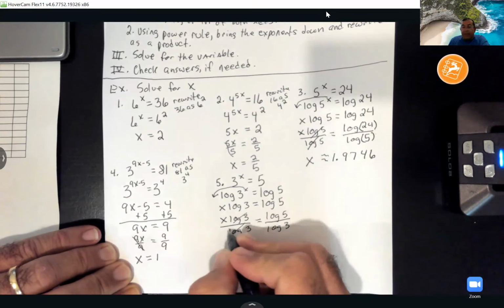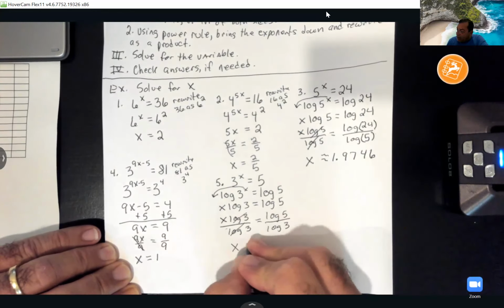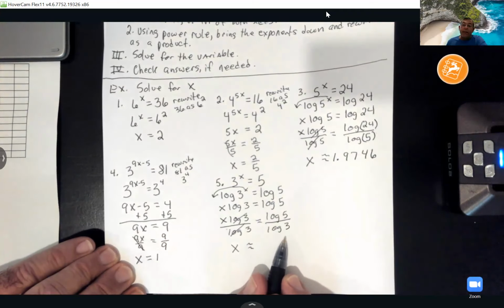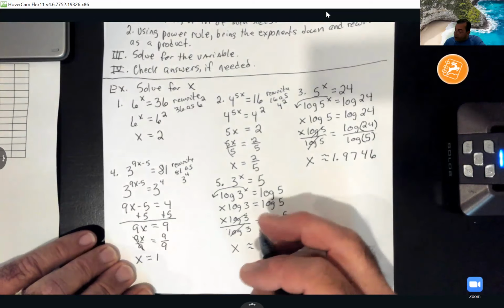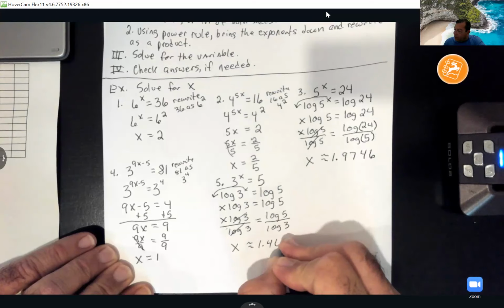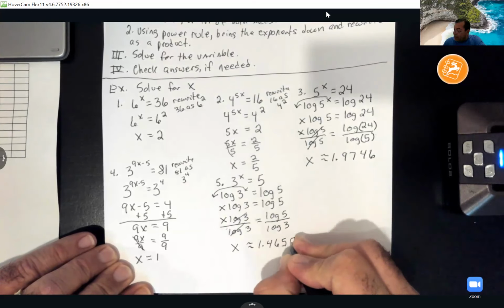So these logs cancel, giving me my x like I wanted. This, we're going to have to estimate 4 decimal places. So on this one, it rounded off to a 1.4650.